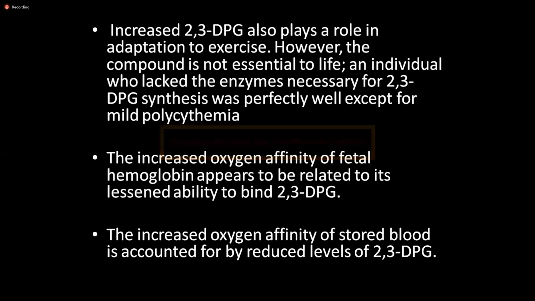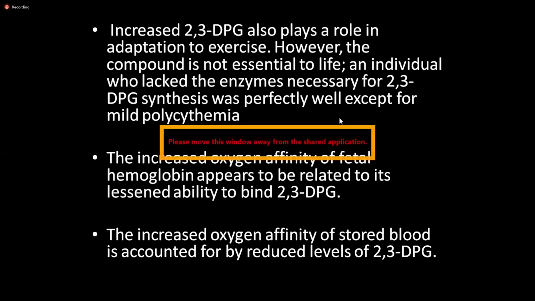Okay, so it's not essential to life, but when there is a genetic disease or some problem that leads to decreased synthesis of 2,3-BPG, our body adapts by increasing the number of RBC. To compensate for the deficiency of 2,3-BPG, what does our body do? Our body produces more RBC.